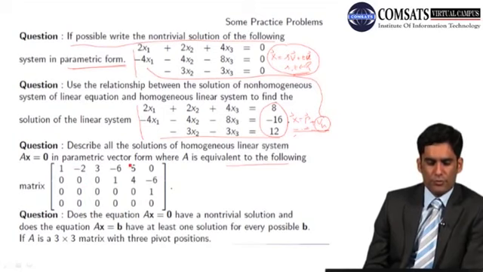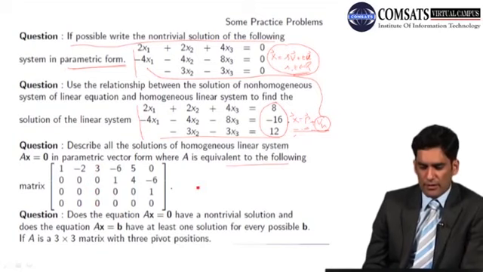1 2 3 4 5 6, and the fourth row gives me 0 equals 0. The fifth row gives me x6 equals 0.